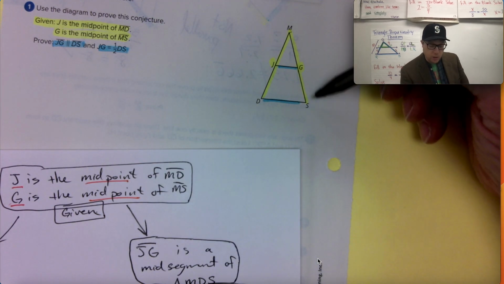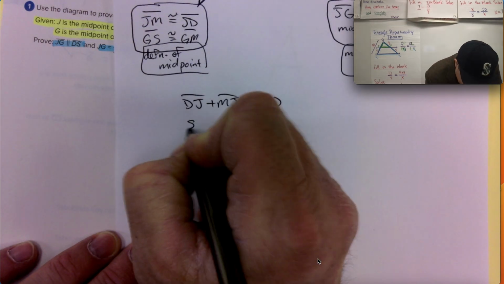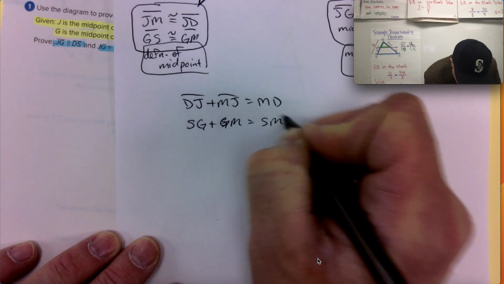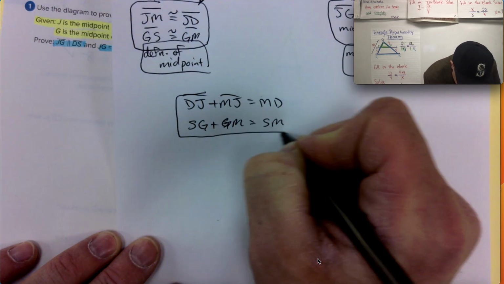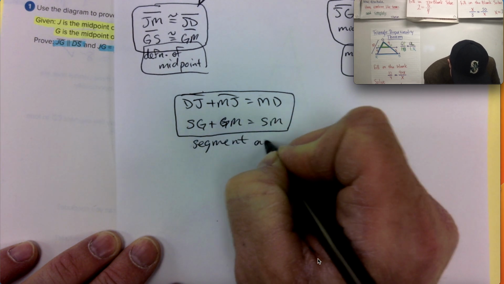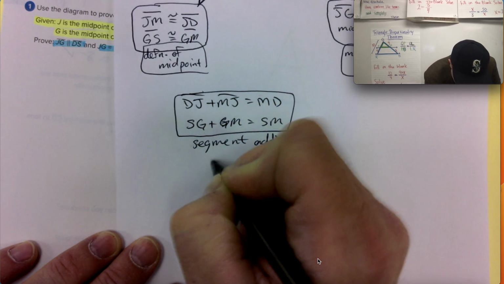Likewise, for the same reason on the other side of the triangle, SG plus GM equals SM. This is because segment addition is happening. That's a postulate, by the way.